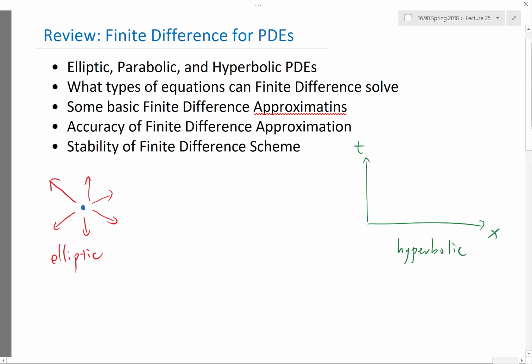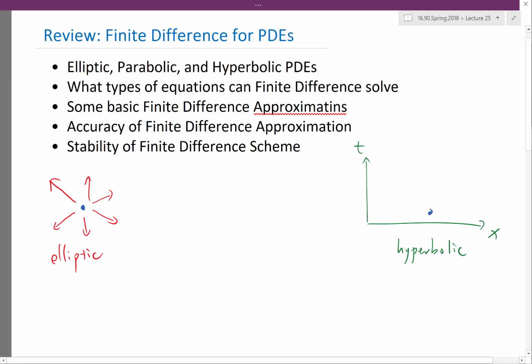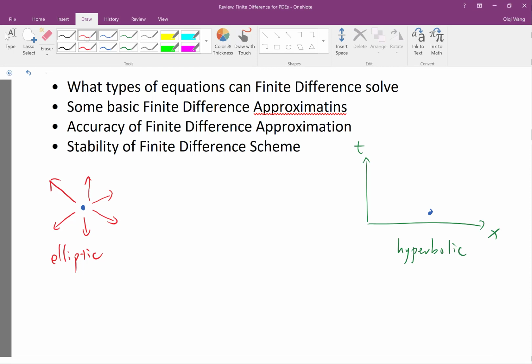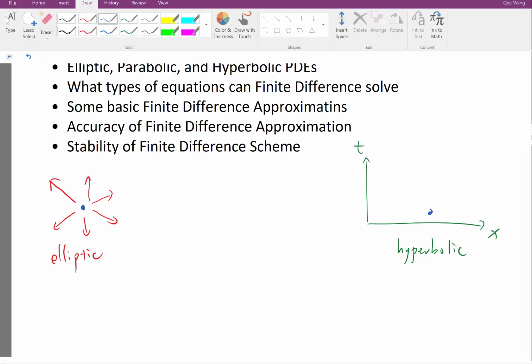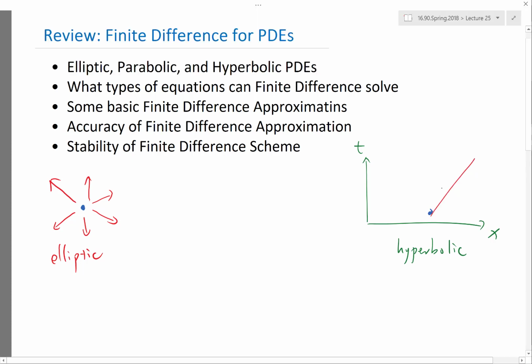If you make a perturbation here, the information propagates at finite speed. So only this domain is changed. The effect here is exactly 0, okay?